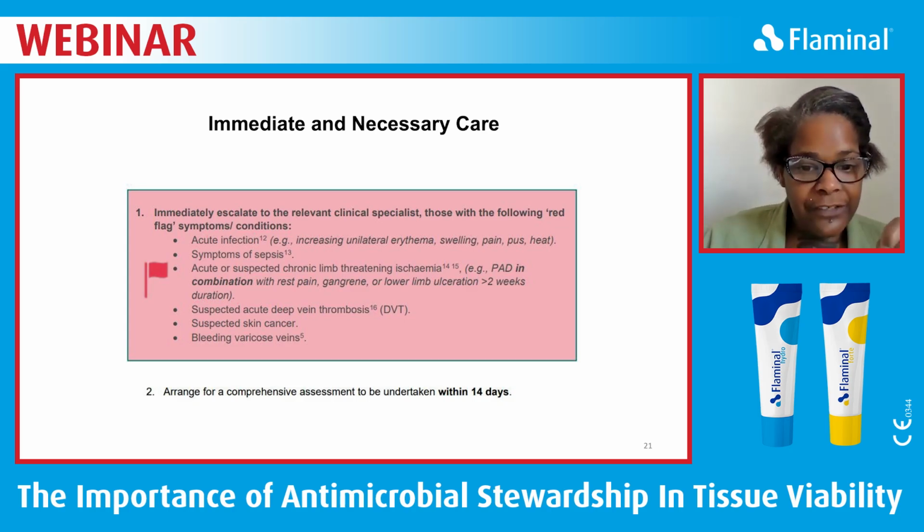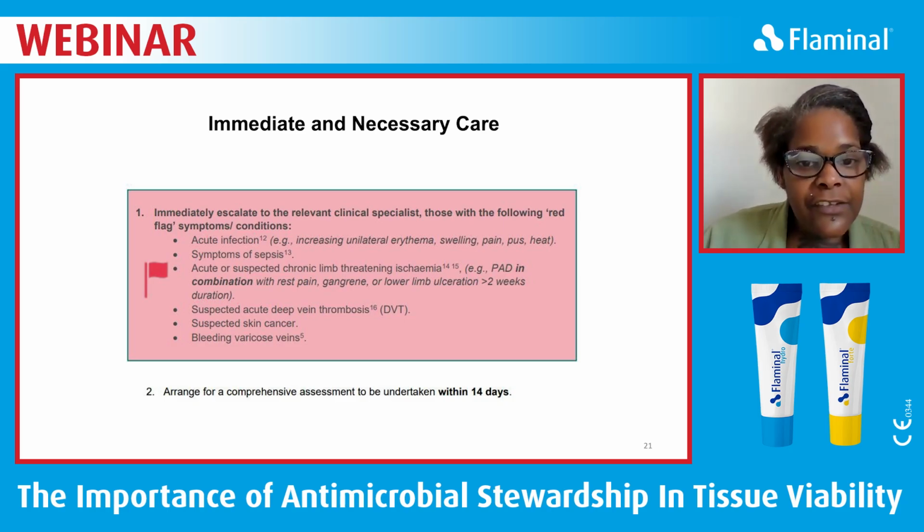So if your patients are showing these signs, they must be escalated to the relevant clinical specialist, such as your vascular team. And in this scenario, your patient would not be suitable for reduced compression if they are showing signs of this red flag.